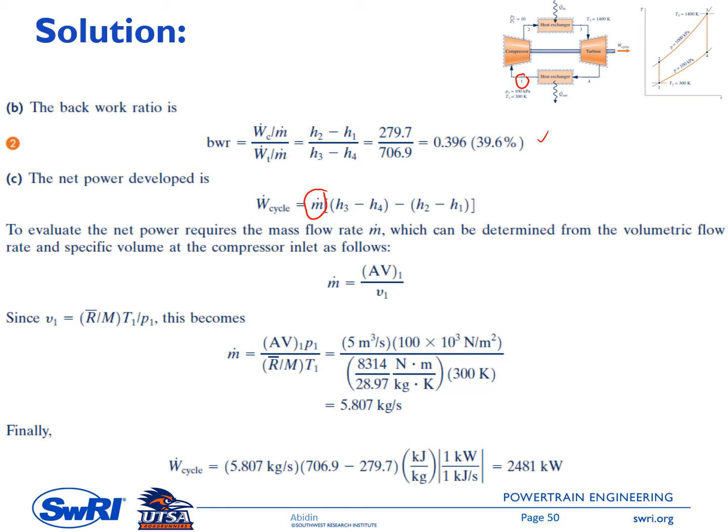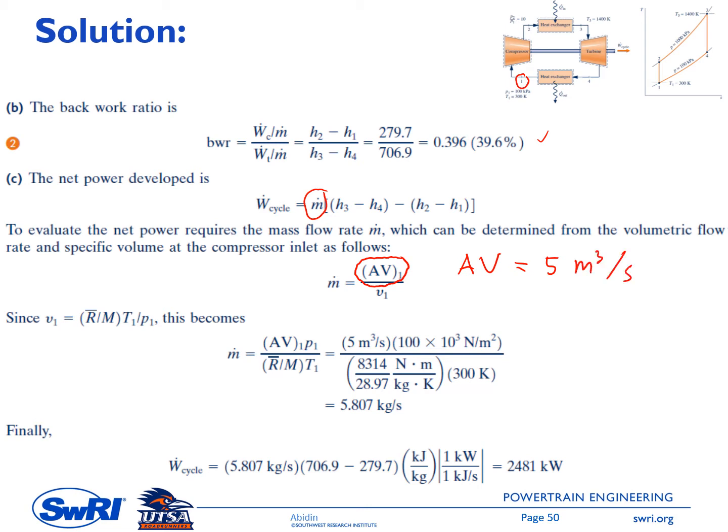And then the volumetric rate is given. So A times V, where V here is in capital letters, so it is the volume flow rate. A times V is given. In the problem, this is 5 cubic meter per second.